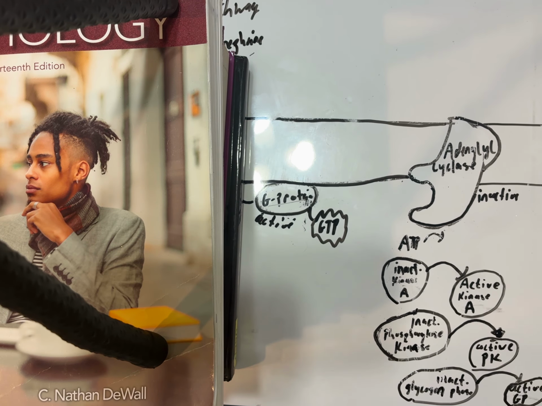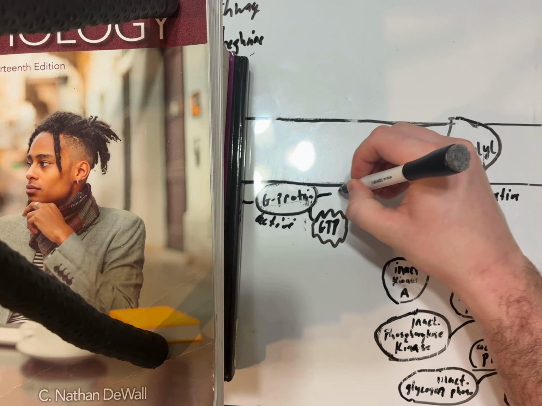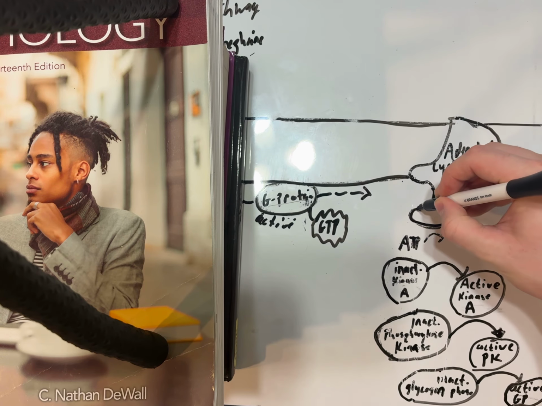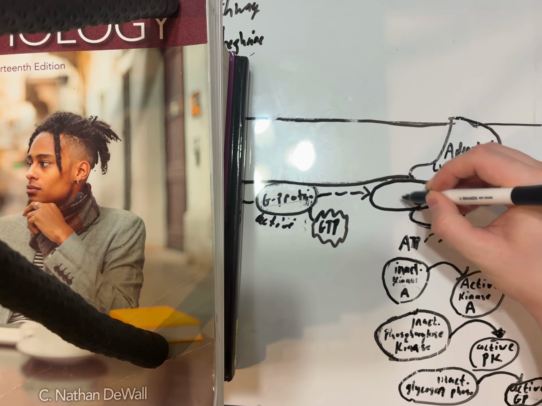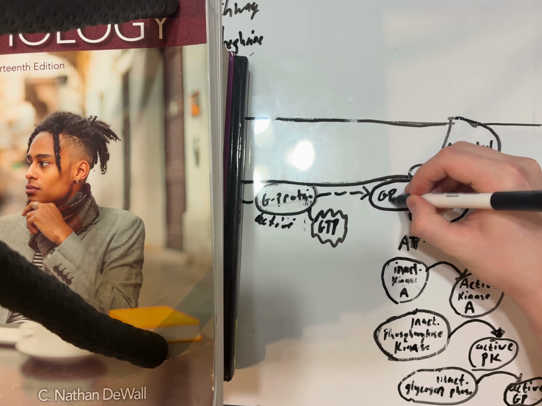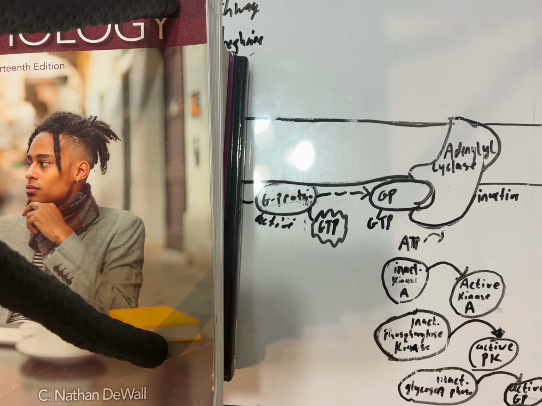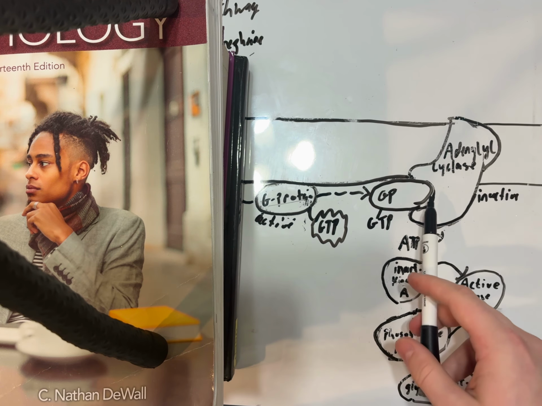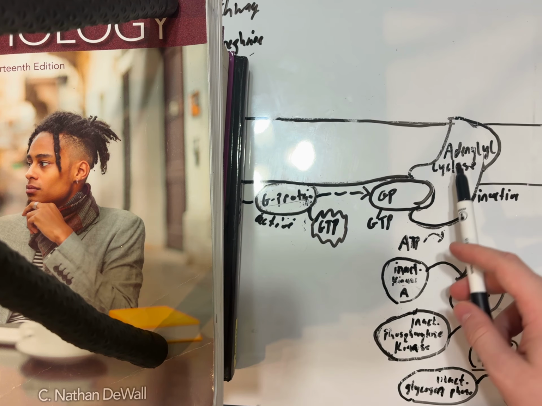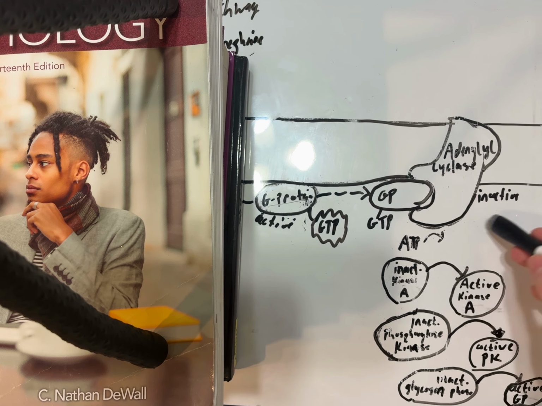So adenylyl cyclase is an enzyme that, when this G protein settles in here, so we have our G protein with our GTP, it's going to activate the adenylyl cyclase. So it was inactive, but now it's active.